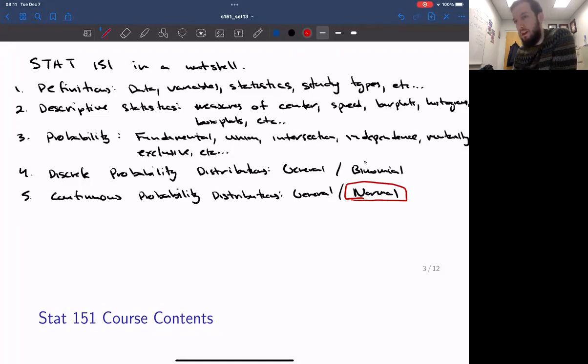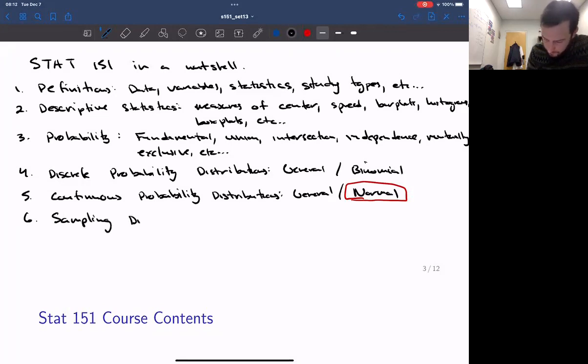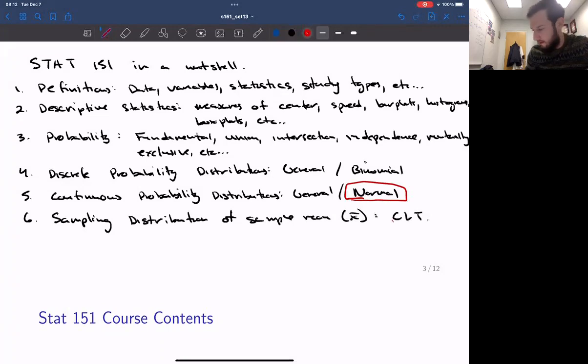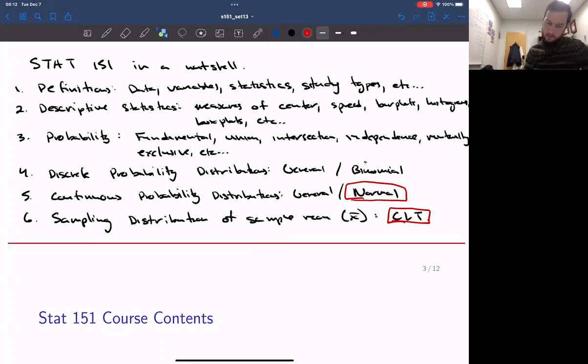And it's important that we understand how to work with the normal distribution. Okay, in number 6, we did sampling distribution of sample mean. Okay, and then this included the central limit theorem, which again is a very important topic as we've used the central limit theorem on a number of different situations.